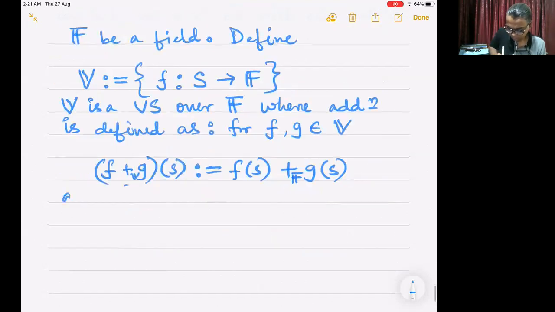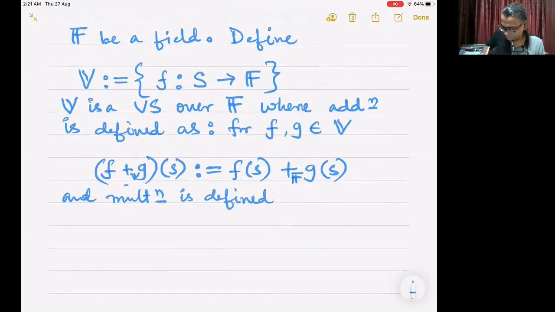And multiplication is defined as follows: for f in V and alpha in F, alpha f must also be a function. We want to define it.